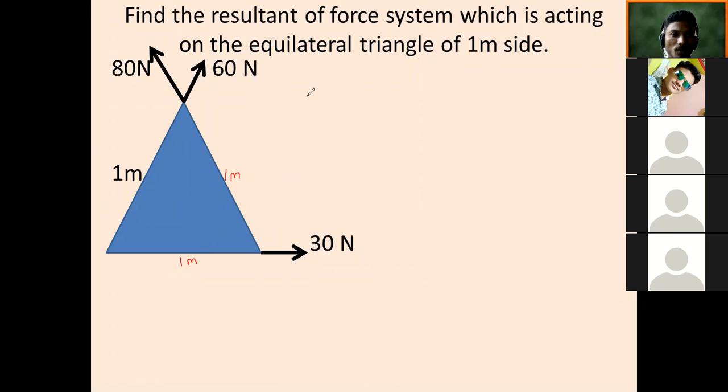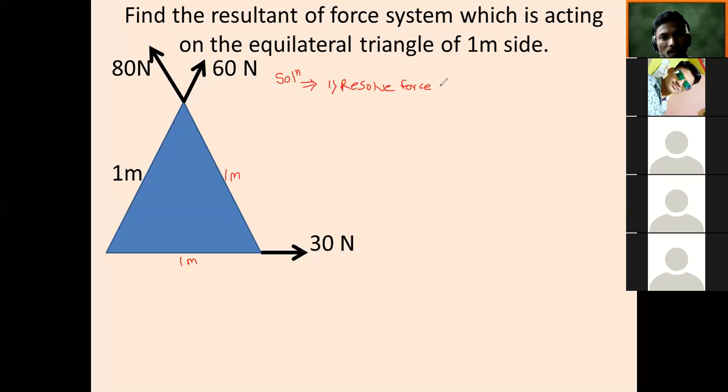Now I will write the solution. What is our first step while finding the resultant of a force system? First, we have to resolve the force into its x and y components. Correct. So first, resolve the force.